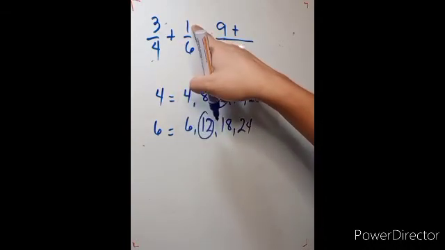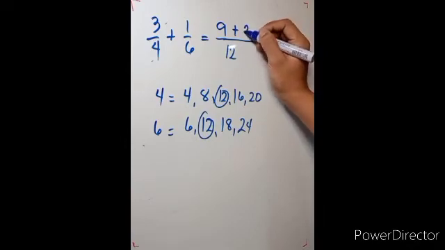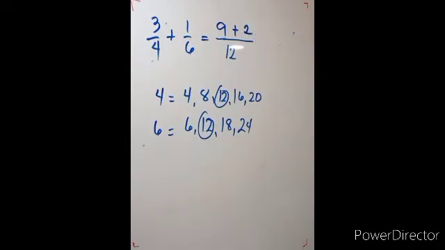Then multiply by 1, that is equal to 2. So then we have 9/12 plus 2/12. So 9 plus 2 is 11, then over 12. So that is the final answer.